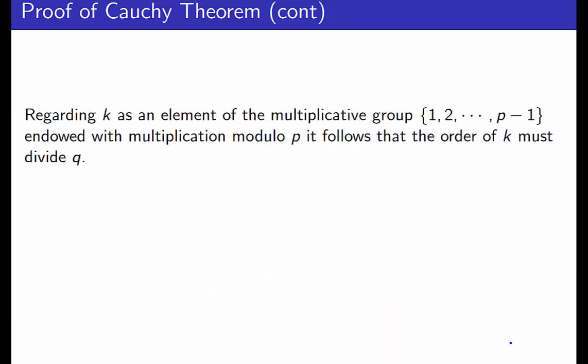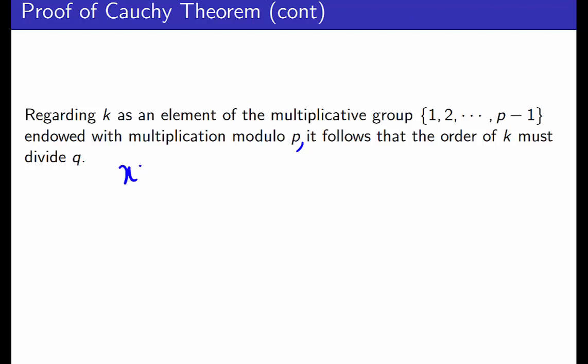Now regarding k as an element of the multiplicative group 1, 2, all the way till p minus 1, which is endowed with multiplication modulo p, it follows that the order of k must divide q. Okay? Again, let me repeat. We regard k as an element of the multiplicative group 1 through p minus 1.